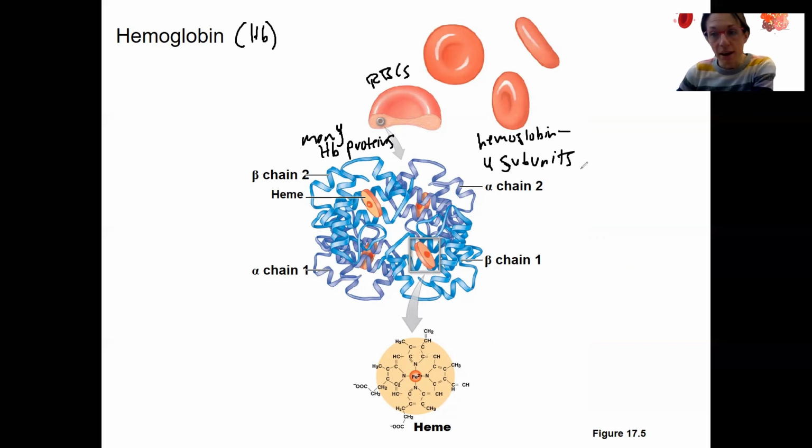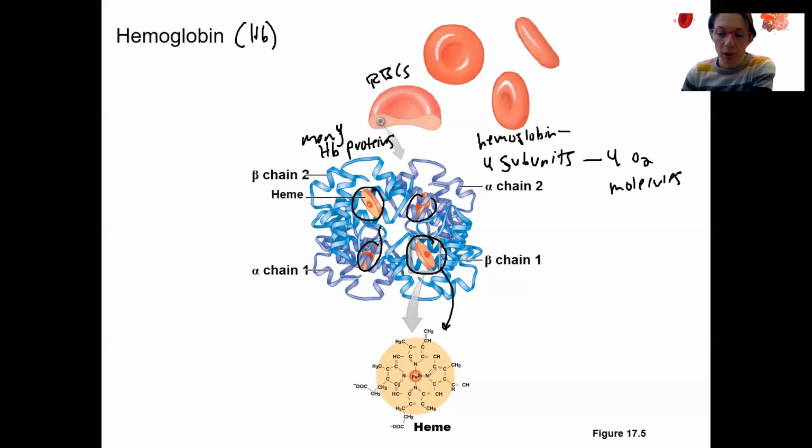The only reason this matters for our purposes is that it can bind 4 oxygen molecules. Each of these alpha and beta chains can bind 1, and these chains then form a globular structure. So this is where oxygen binds. There's 4 of them.